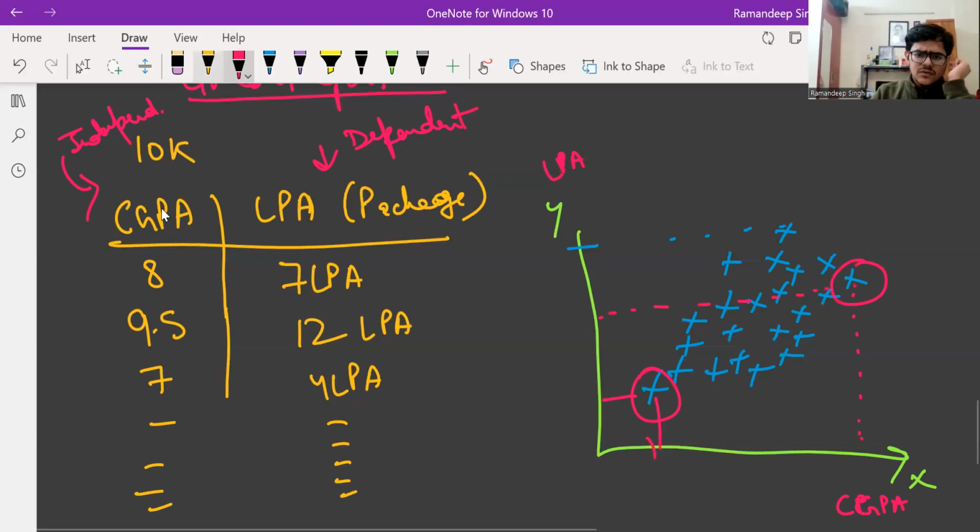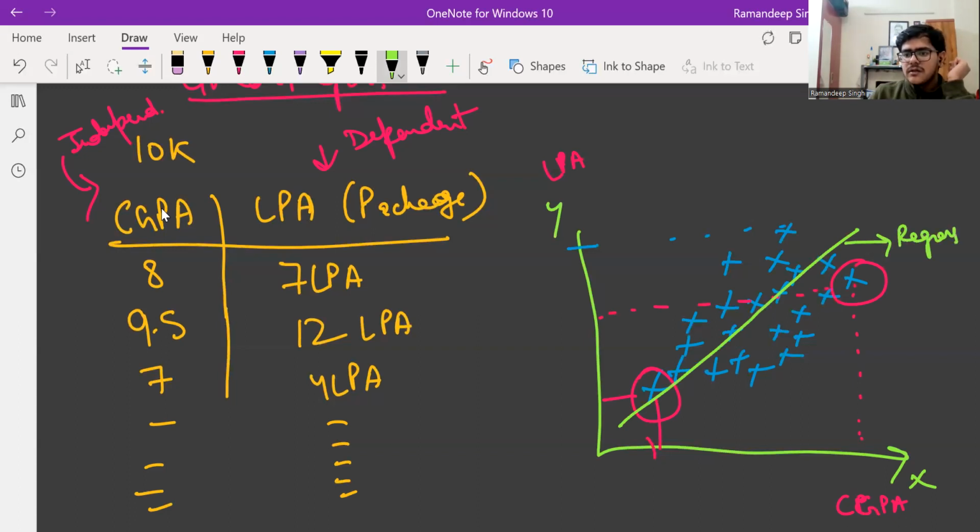If we plot a straight line here, this line is called the regression line. We will look into it in detail: how this line is plotted, what it depends upon, what the variables are, and how we figure out the best line that should represent this data.